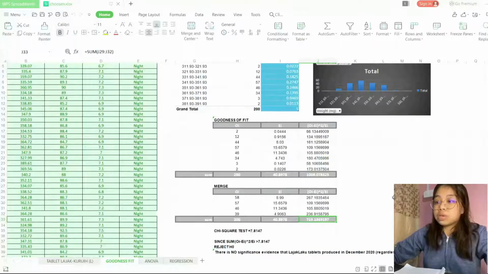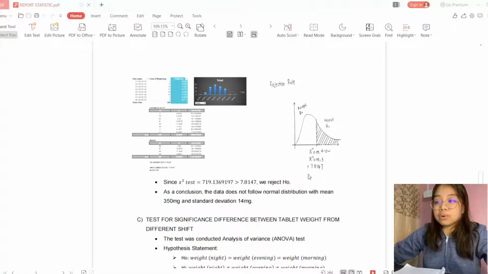Looking at the rejection rule, the critical point is 7.8147. Beyond this is the reject H0 region, and before this is the accept H0 region.